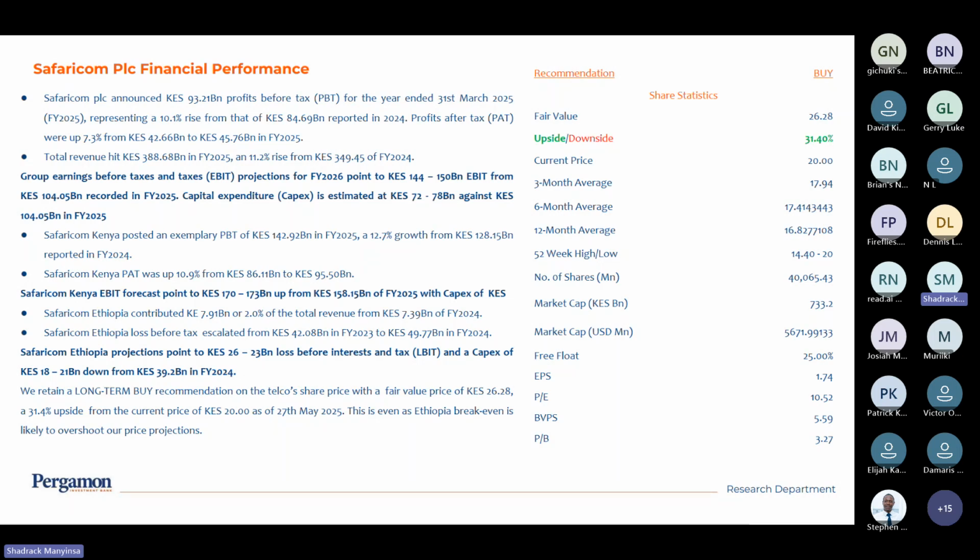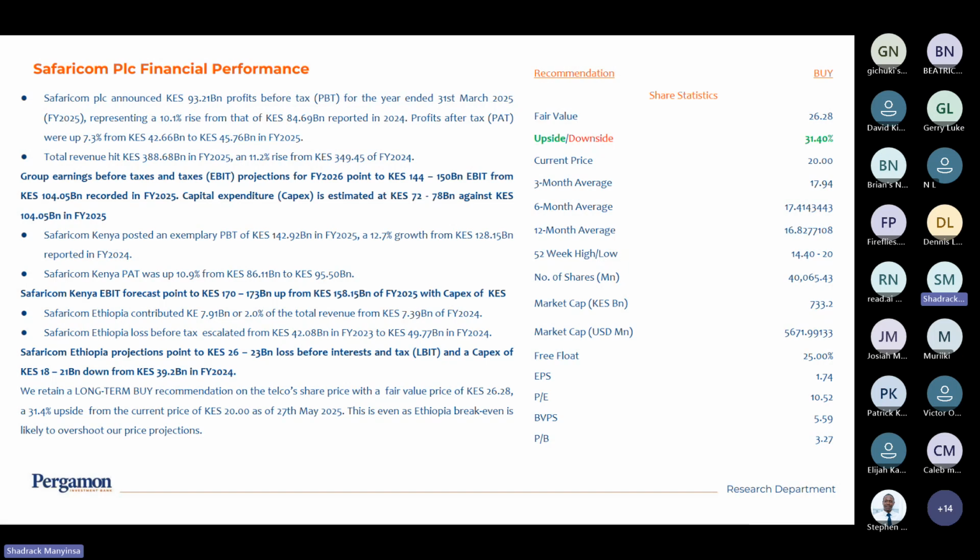For this year, we project growth in profit before tax for Safaricom, expected to be roughly above 105 billion. That will be an improvement.